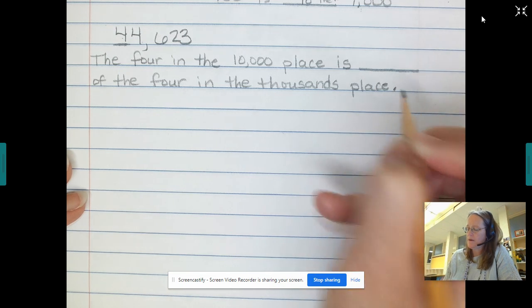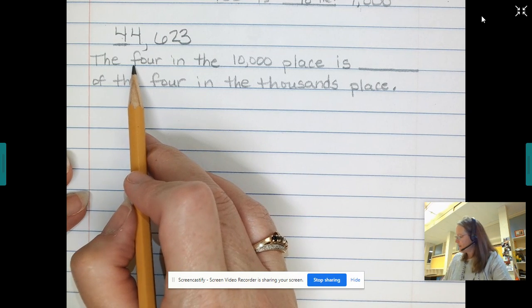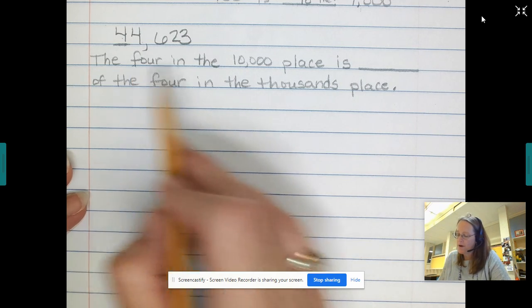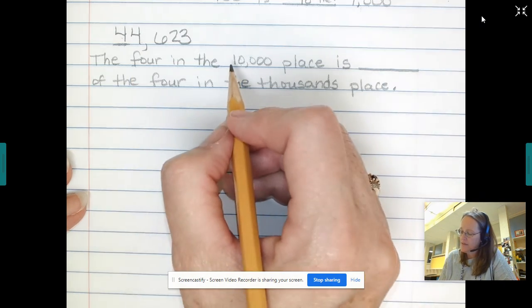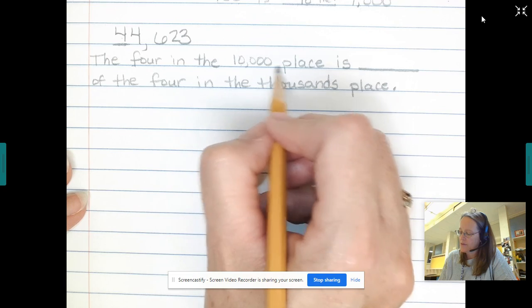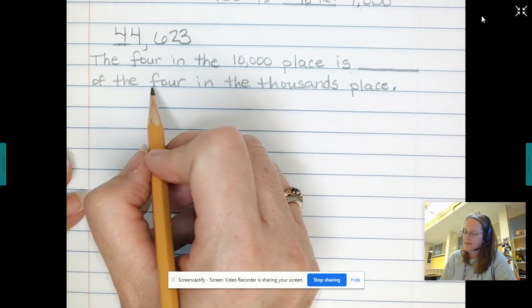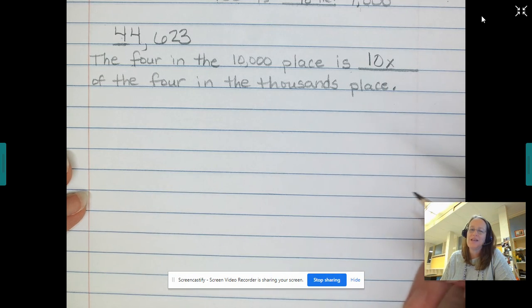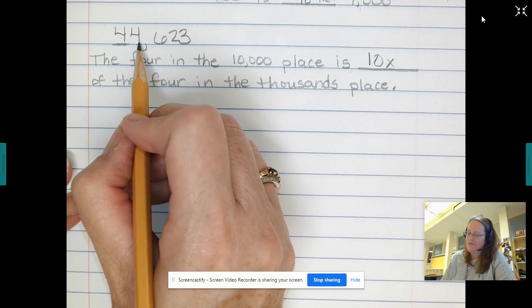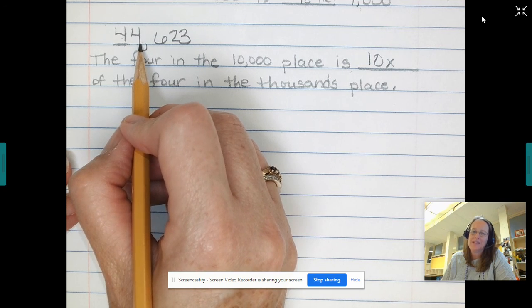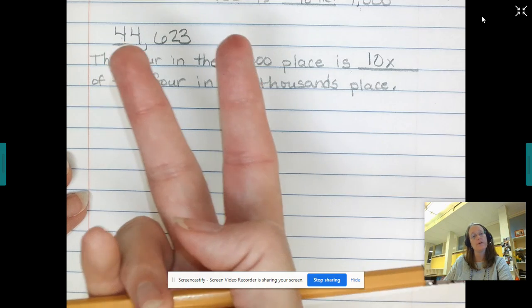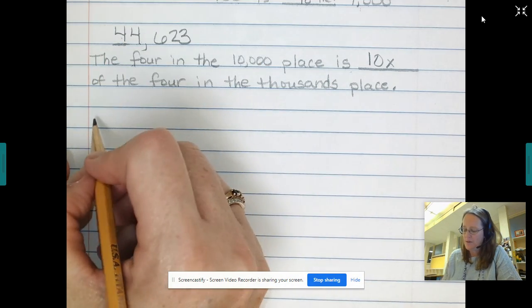Well, let's think about that for a second. The 4 in the 10,000s place has a value of 40,000, and that is 10 times the value, or 10 times greater than the 4 in the thousands place. And if we compared them the opposite way, here's what that would look like.